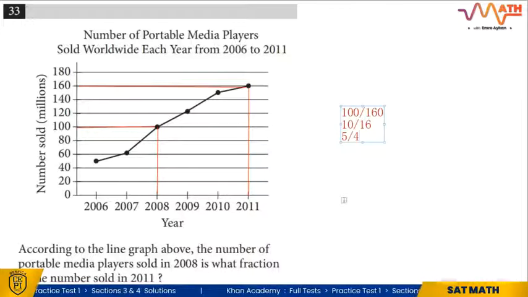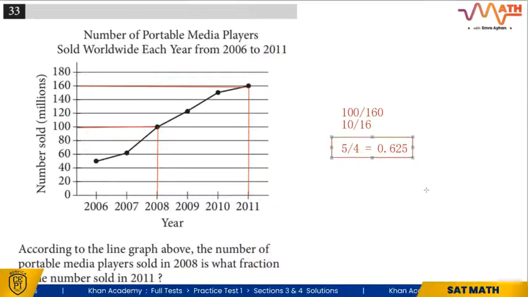You can write 5 over 8. You can also convert to decimal, maybe 0.625. This is an acceptable answer. You should write it in simplest form. So one of these can be the answer for 33.